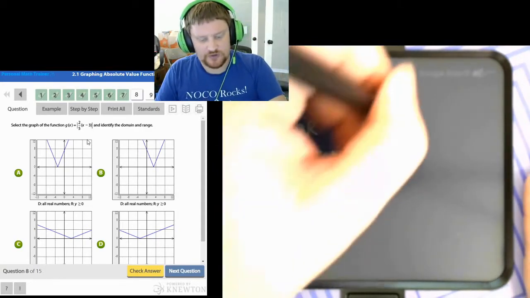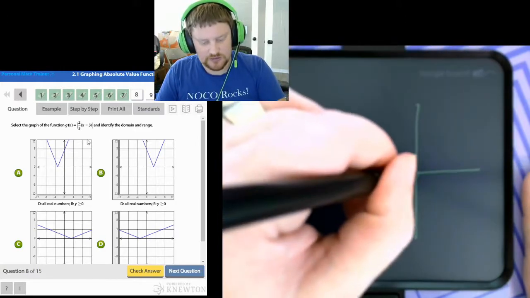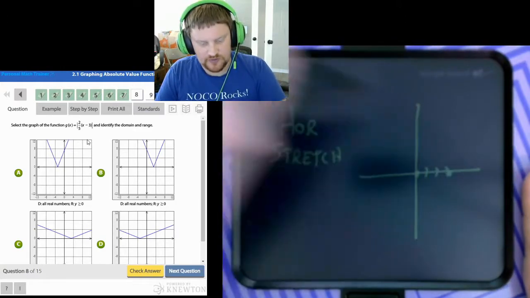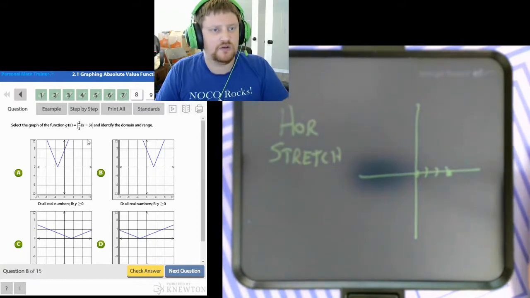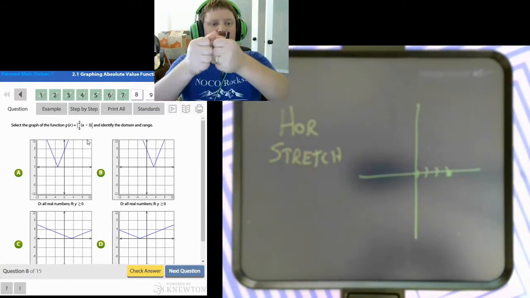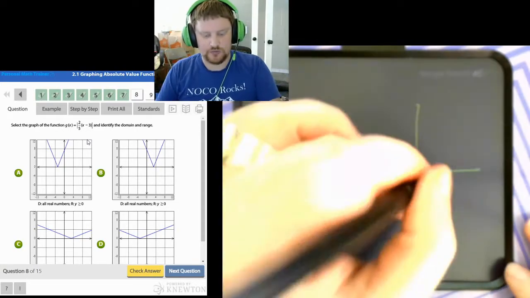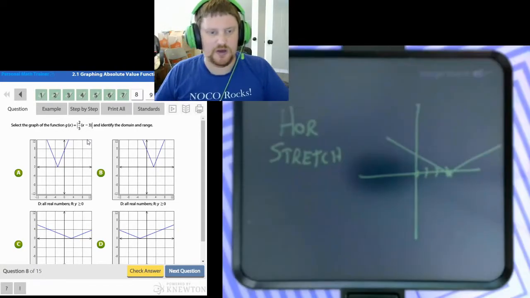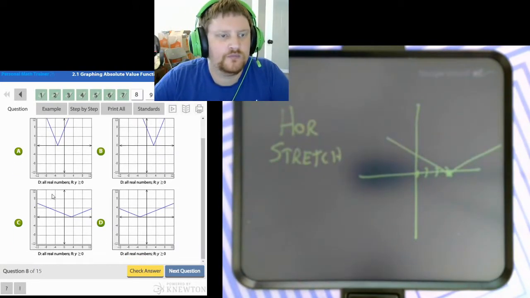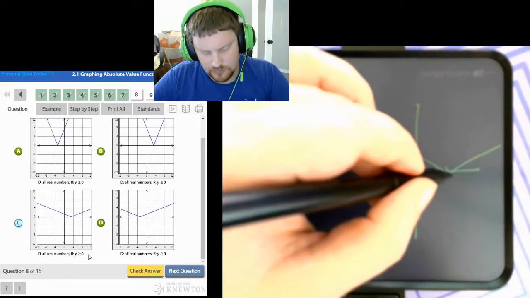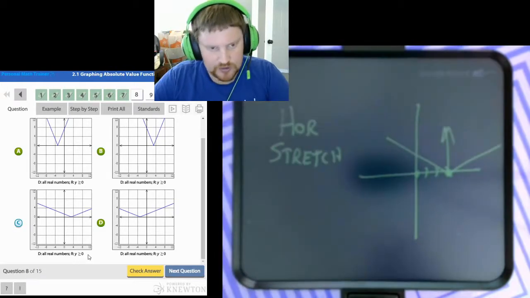But first we have to shift it 3 to the right. So 1, 2, 3, there's our vertex. And no other transformation, so a horizontal stretch comes out this way, so short, fat, opening up. Y is greater than or equal to 0. All numbers 0 and up work.